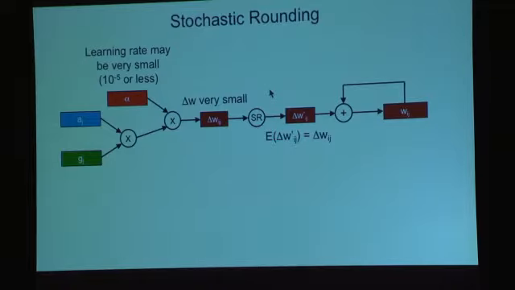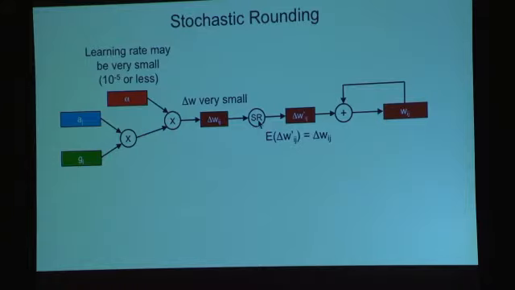So the solution to this problem is something called stochastic rounding. In stochastic rounding, rather than round to nearest, I basically produce a result here to higher precision, and I round it up or down with the probability equal to its level in the range. So for example, if it's 10% of the way between number A and number A plus 1, I will round it to A with probability 0.9 and to A plus 1 with probability 0.1.